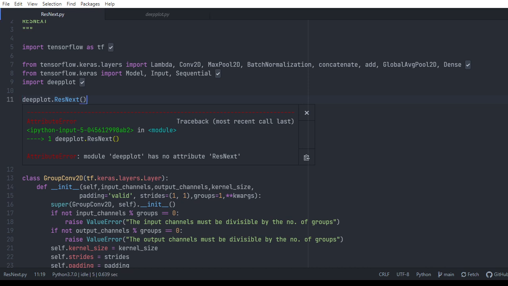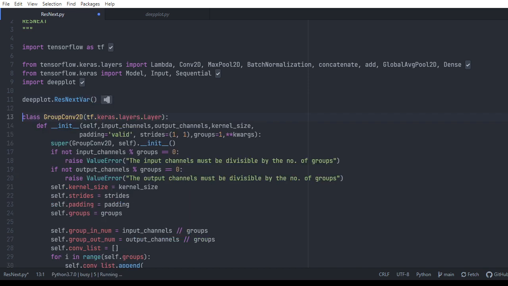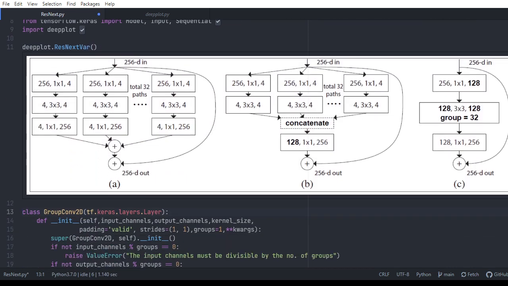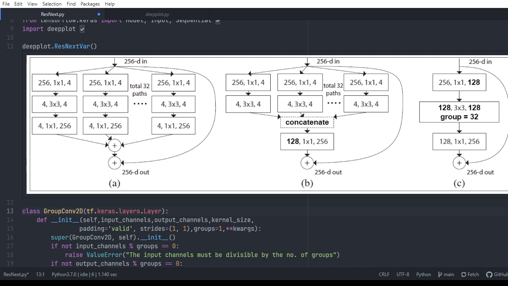So when we look at the base residual block of the ResNext, we essentially see that the residual block for the ResNet architecture has a 1x1 convolution, followed by a 3x3 convolution, then again a 1x1 convolution, of which the last layer of a residual block had 4 times the number of filters as the previous layers.